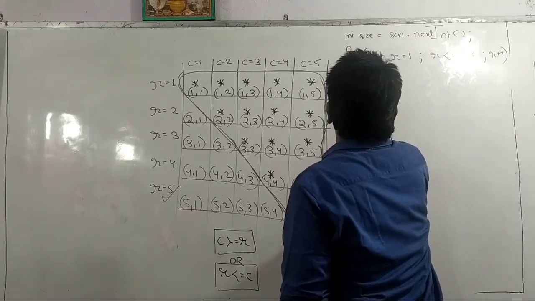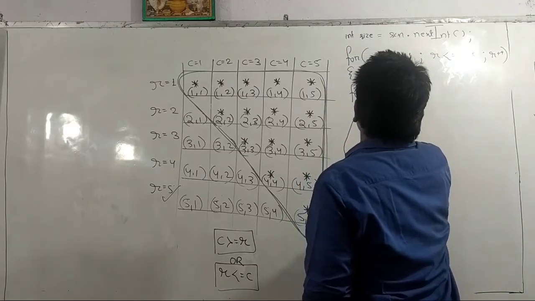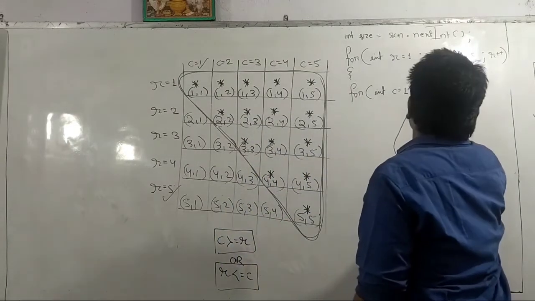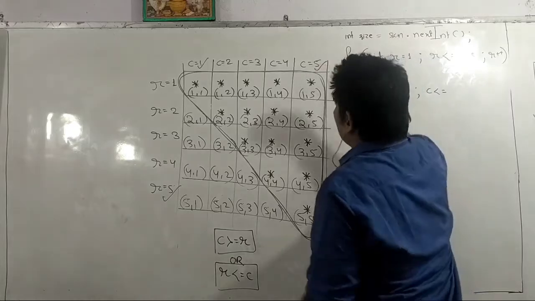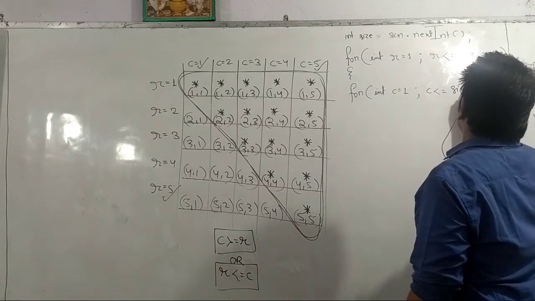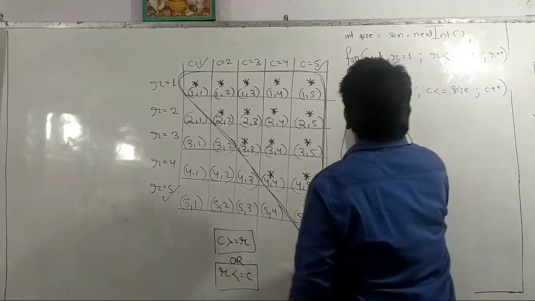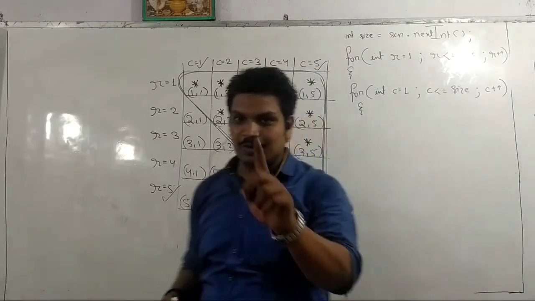Okay, then inner for loop, int C is equal to 1, C less than equal to 5 in this example, but I will write size, C plus plus.